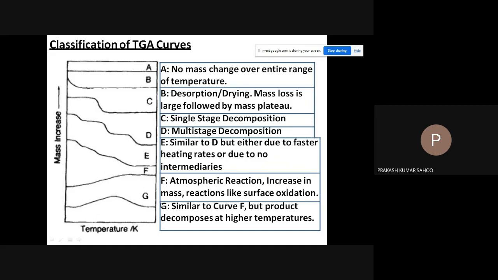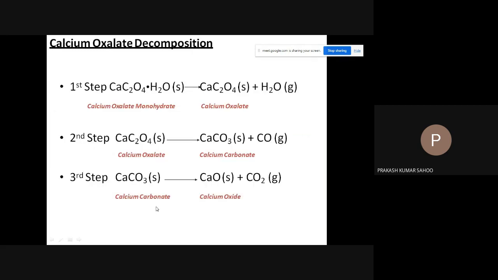G type is similar to F, but the product decomposes at higher temperature. If it is like this, initially the mass increases, then this is due to oxidation, absorption or desorption, or some atmospheric reaction may happen. After that this will remain parallel to the temperature axis. That indicates the completion of the reaction.